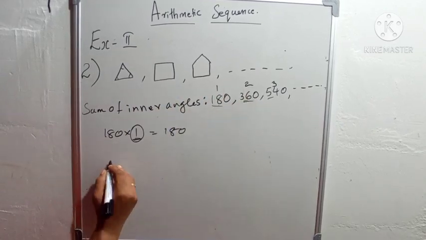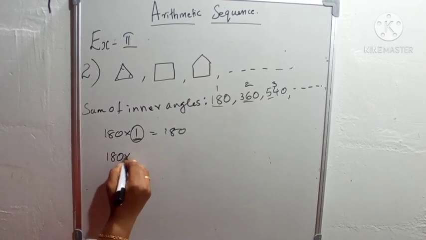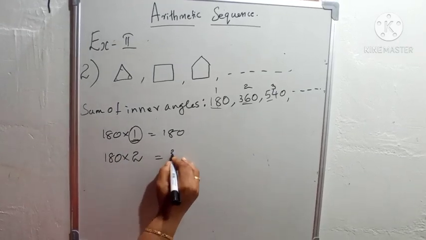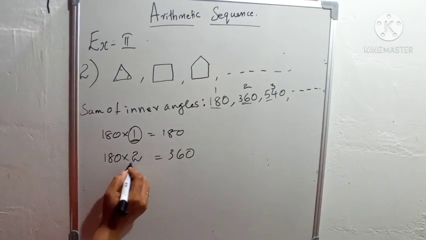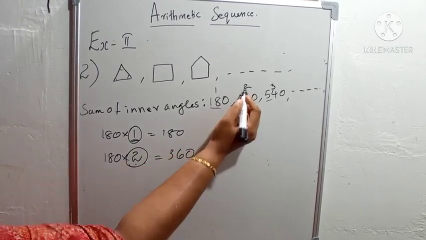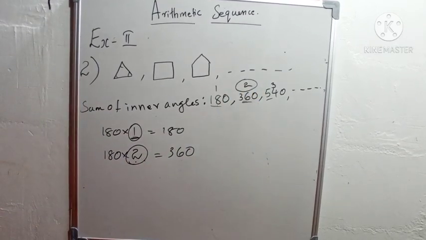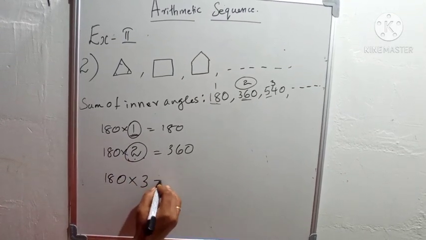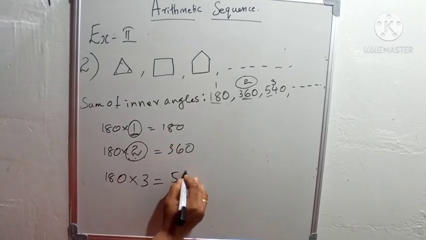Then what about 360? 360 is actually 180 into 2. 180 into 2 is equal to 360. What about this 2? This 2 is its position. Then what about the third term? Third term is 180 into 3. That is 540.